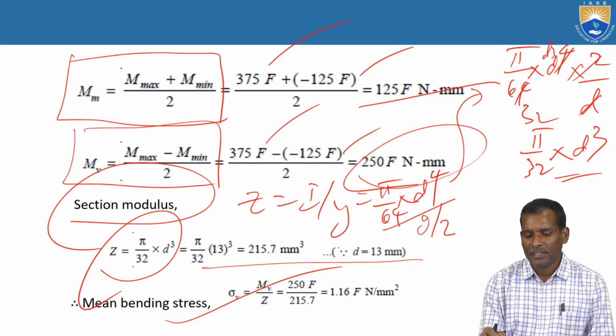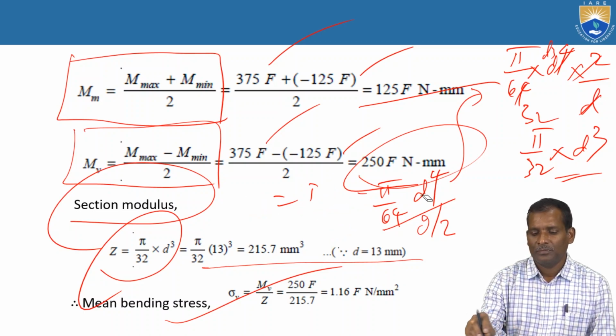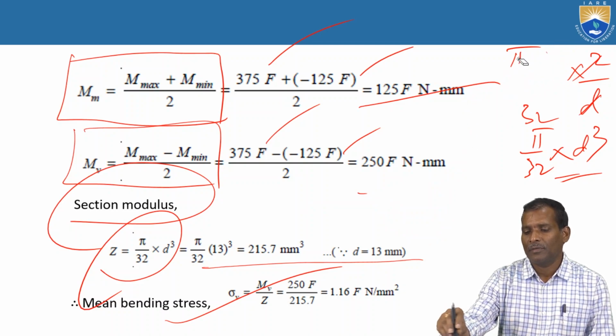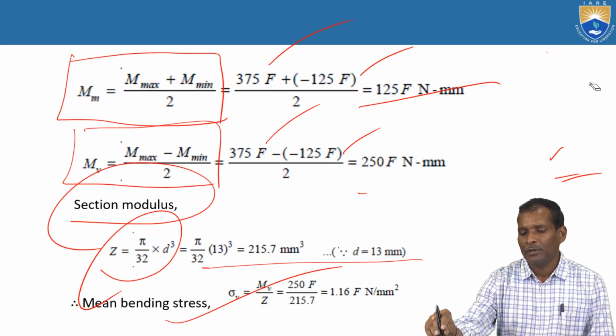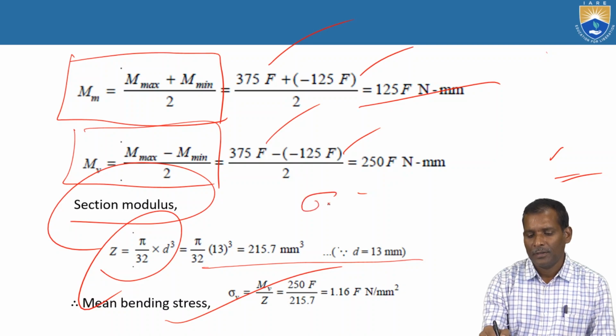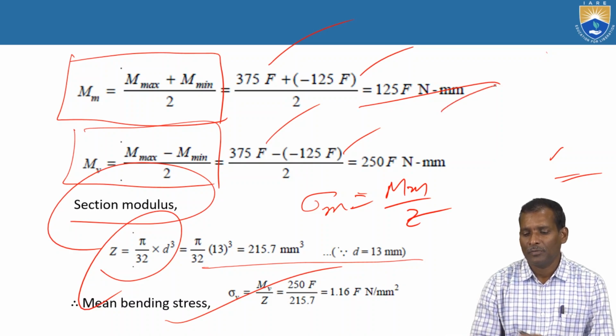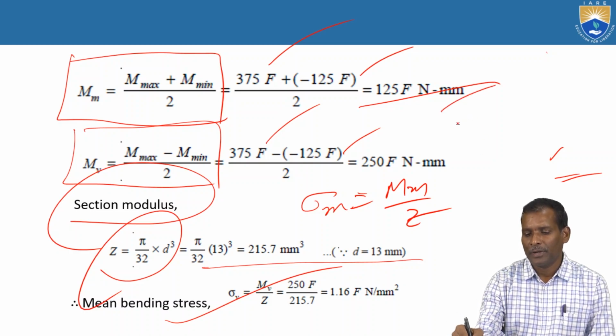So the mean bending stress is equal to mean bending moment by Z. So what is the mean bending moment? 125F, divided by Z.